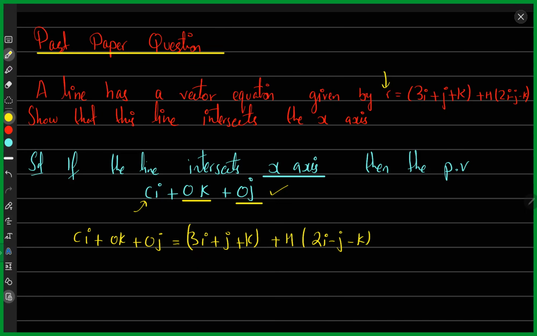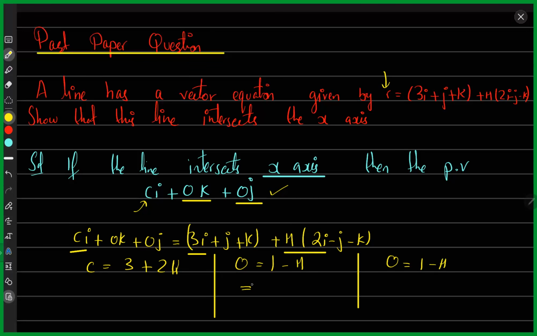And now what we can do is just compare the i components on both sides, and this is going to give you c equals 3 plus 2mu, and 0 equals 1 minus mu, and 0 equals 1 minus mu, the same thing.